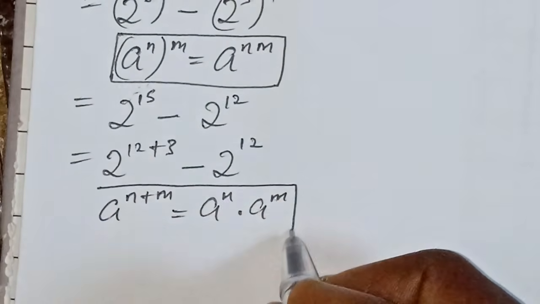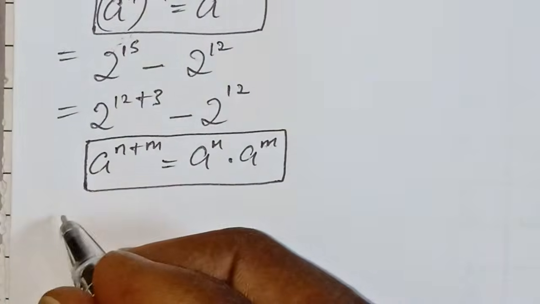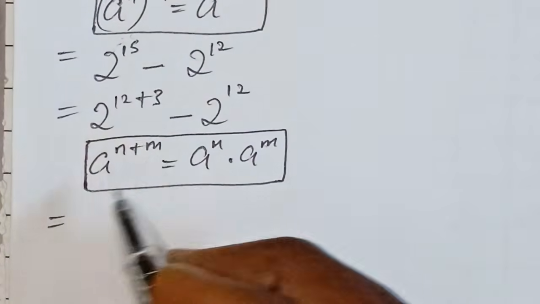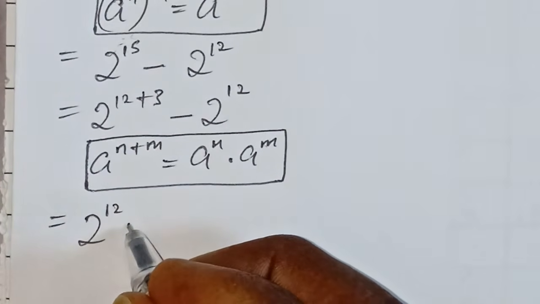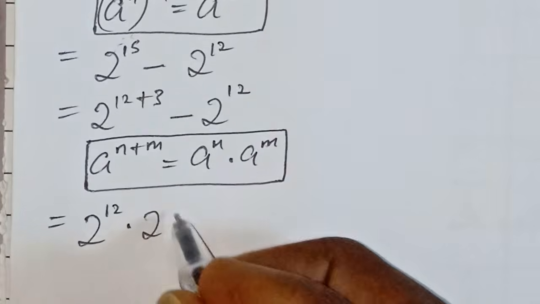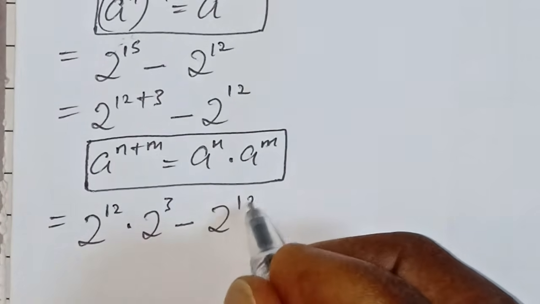So let's use this identity to determine the next step. The next step becomes 2 power 12 multiplied by 2 power 3, minus 2 power 12.